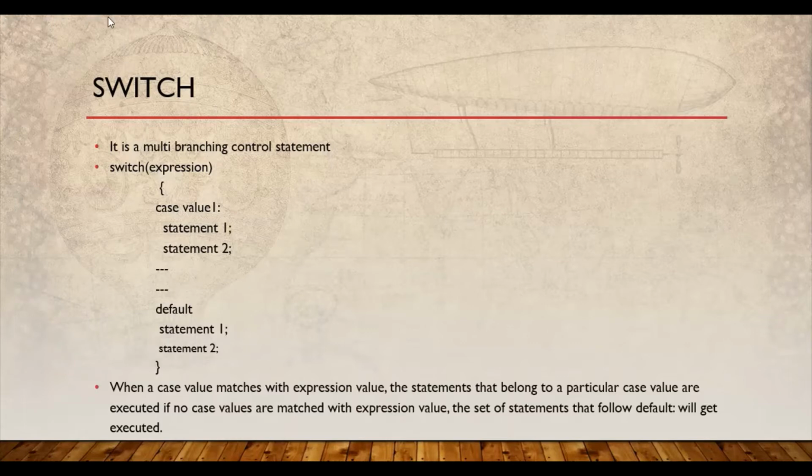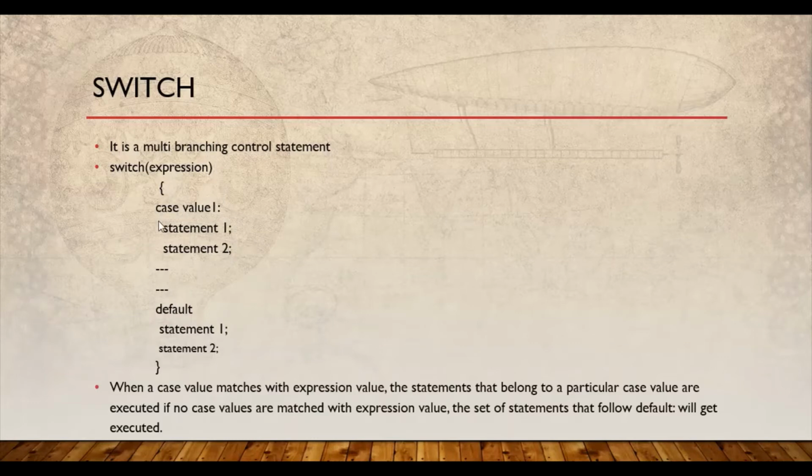For example here, see this value 1 is a case. Similarly, case value 2 would be there, case value 3 would be there. So any number of cases can be here. And the last one is the default case. If all these cases are not satisfied, then this default case gets satisfied. You'll understand this with the help of an example.